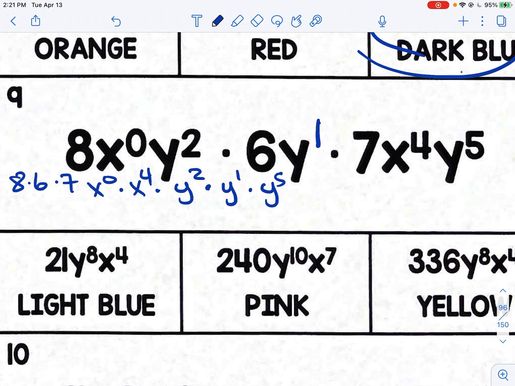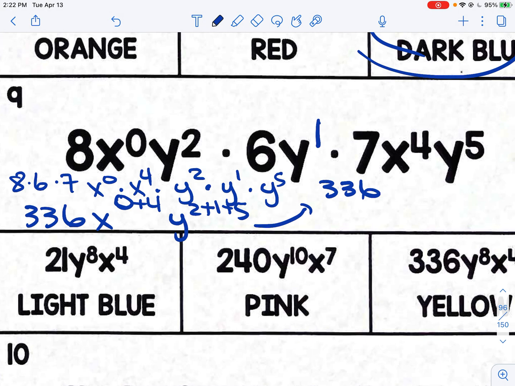So we're going to use the calculator. 8 times 42, 336. X to the 0 plus 4, y to the 2 plus 1 plus 5. So 336, x to the 4th, y to the 8th.